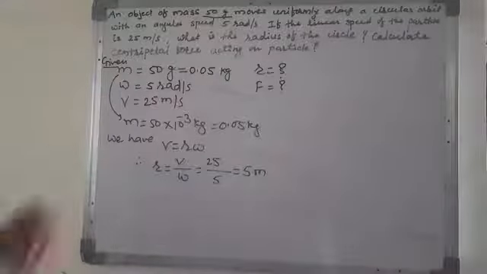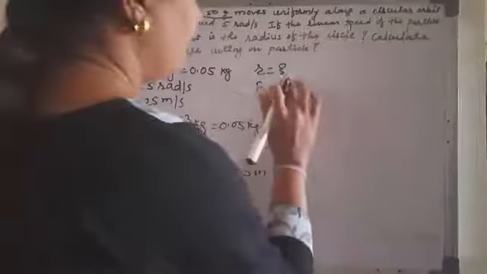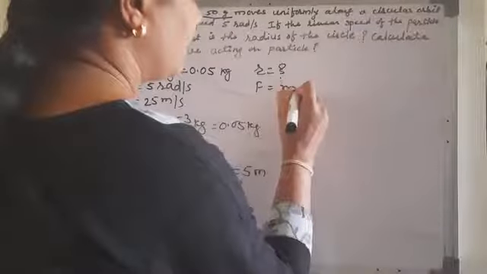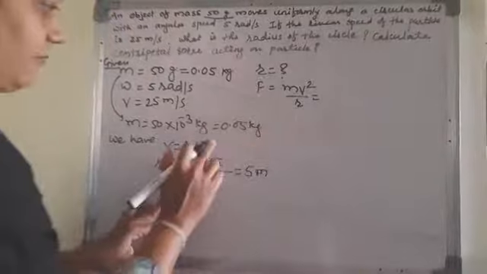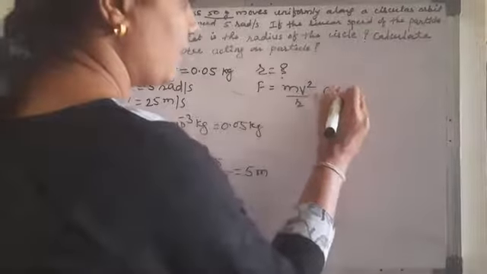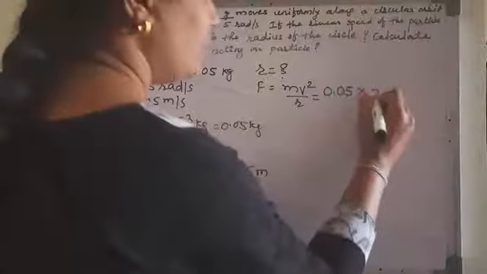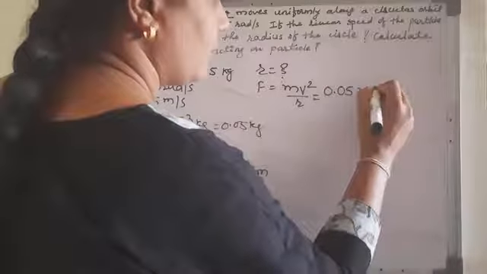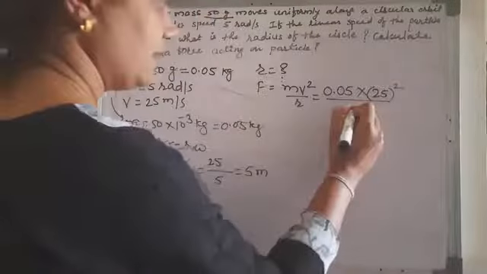Now we have to find the centripetal force. The centripetal force F is given by the formula F equals m v square by r. Here m is 0.05, into velocity 25 whole square, divided by r, which is 5.